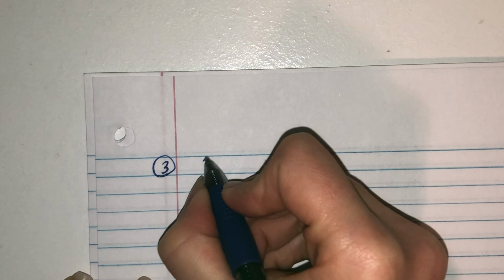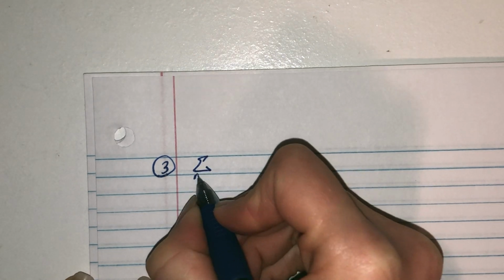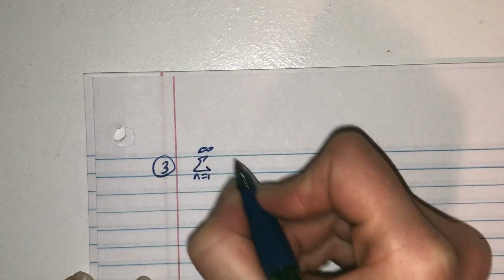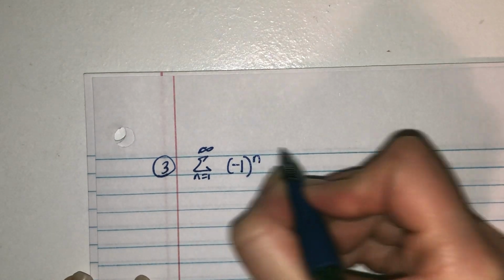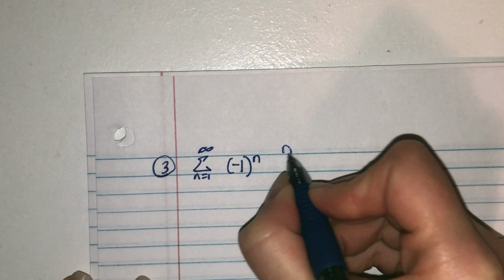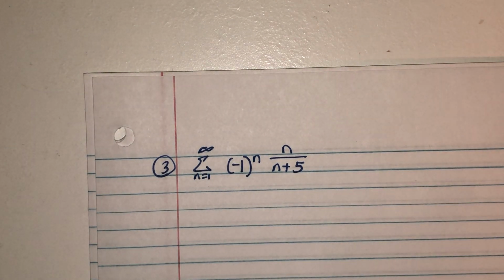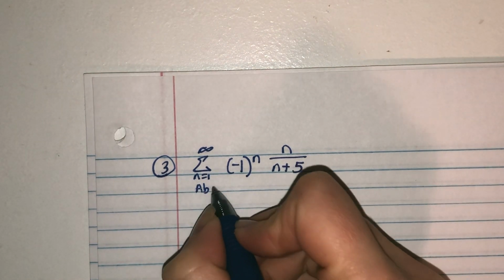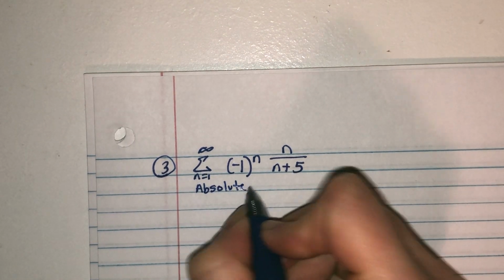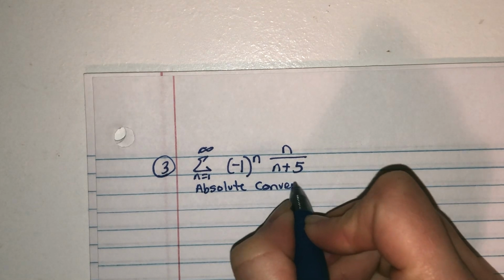Number 3, we're going to look at the sum from n equals 1 to infinity of -1 to the nth power times n over n plus 5. Okay, so the first thing that we need to do is check to see if it's absolutely convergent, or check for absolute convergence.